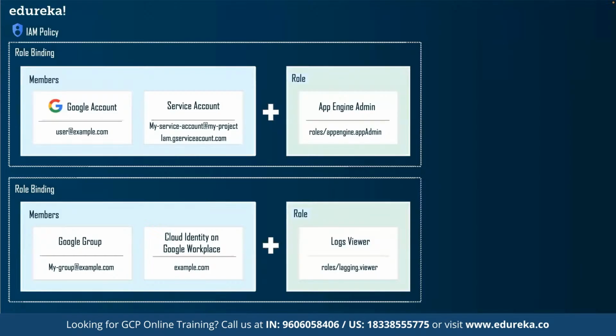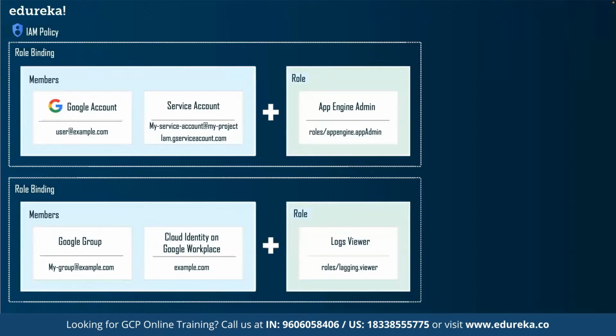And when we have any policy, let's say the allow policy, it is also known as an IAM policy. So it will define and enforce what roles are actually granted to which principal, and each allow policy is attached to a resource. Now, whenever we have an authenticated principal who attempts to access a resource, the IAM checks the resource allow policy to determine whether the particular action is permitted or not.